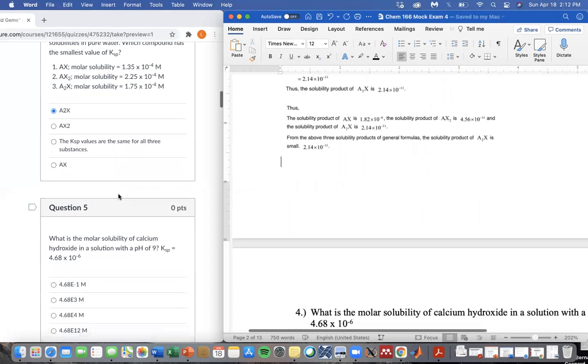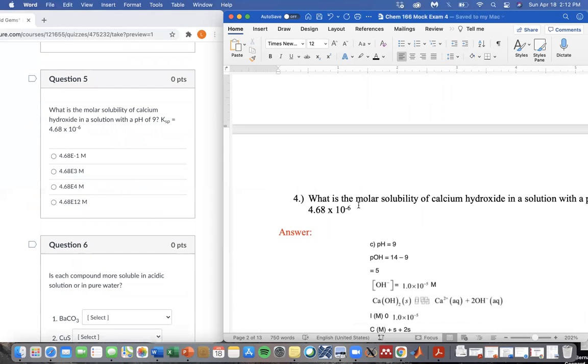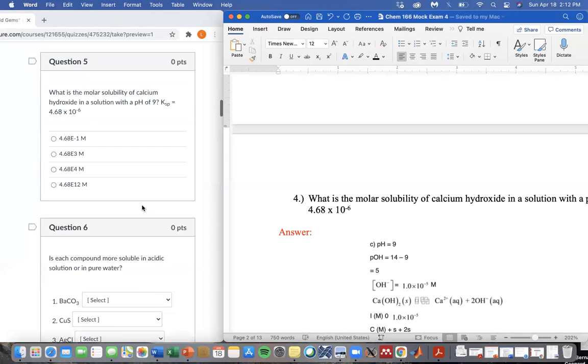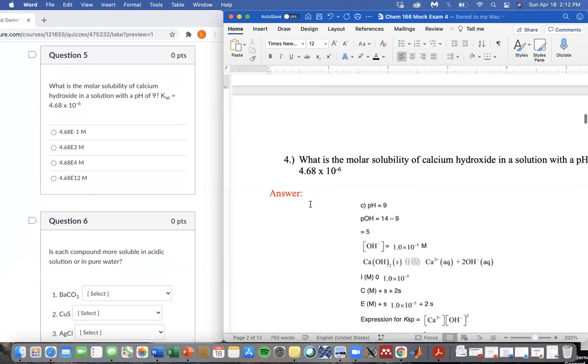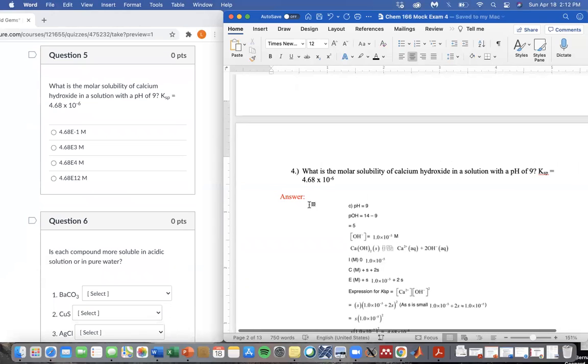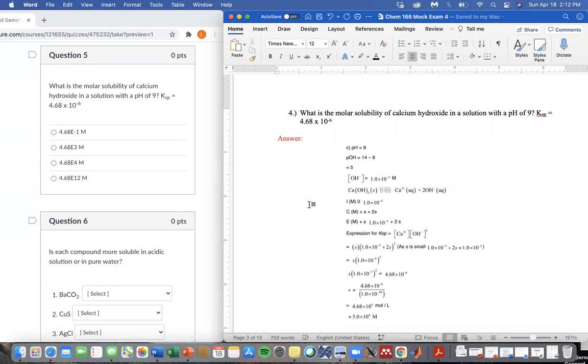Okay, so if we go on to the next one, I think this is the last one of the actual molar solubility. So you have: what's the molar solubility of calcium hydroxide in a solution with a pH of 9? This one's kind of a weird one because it's the common ion effect. So you have some OH minus already present.